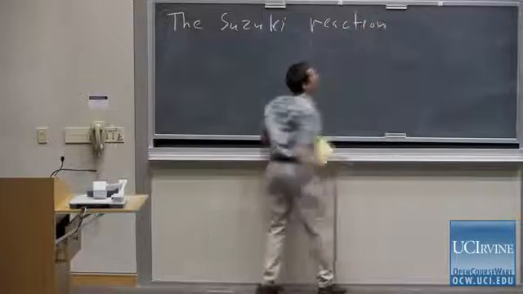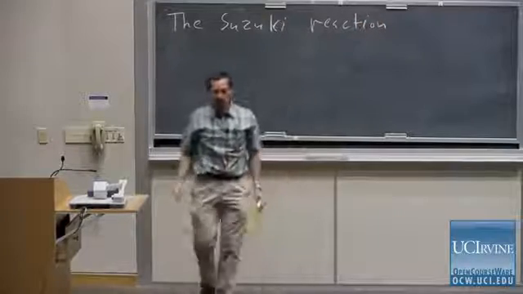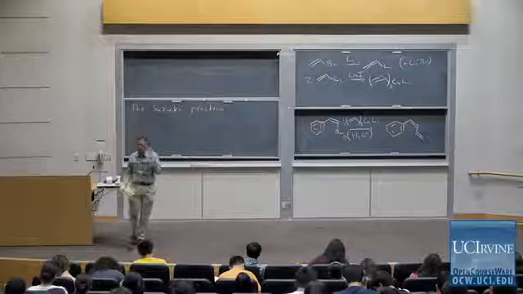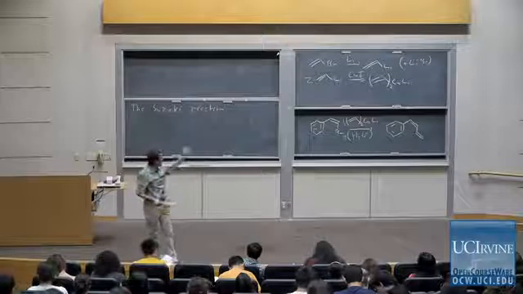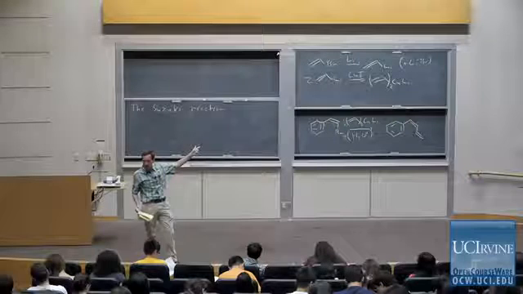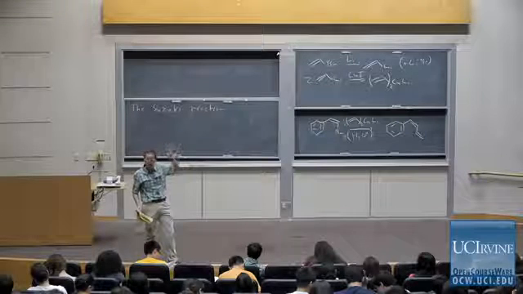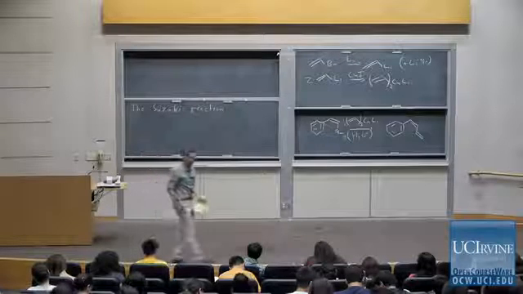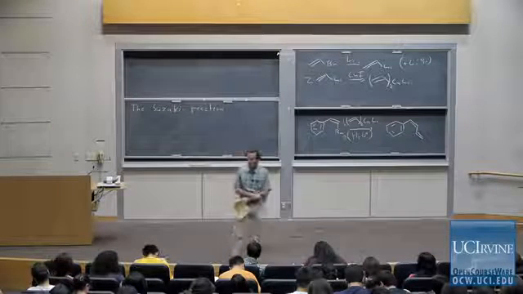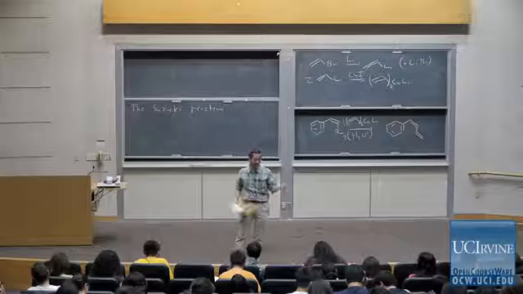And the big innovation of the Suzuki reaction, well, one of the big innovations, was, instead of using an organolithium compound as a metal, to use an organoboron compound. We've already seen that organoboron compounds are very easy to access.